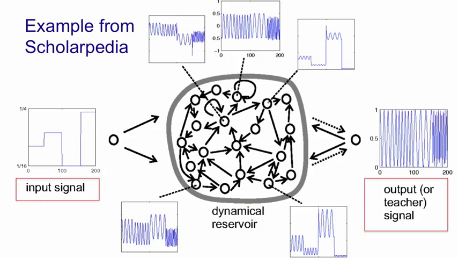All the other pictures are showing you the actual dynamics of individual units inside the dynamical reservoir. One thing to notice is that there are also connections from the output back to the reservoir. Those aren't always needed, but they help to tell the reservoir what output's been produced so far.